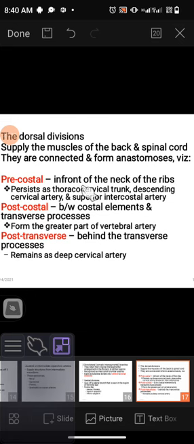Yes, it's arising from the thyrocervical trunk. It's a branch of the thyrocervical trunk. We have descending cervical artery. So we have postcostal, behind the rib, in front of the transverse process. So they form the greater part of the vertebral artery. The post-transverse lie behind the transverse process. They remain as deep cervical artery.